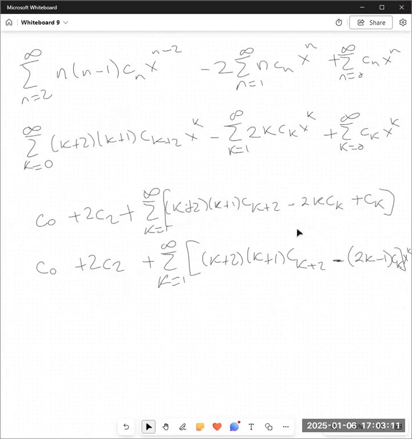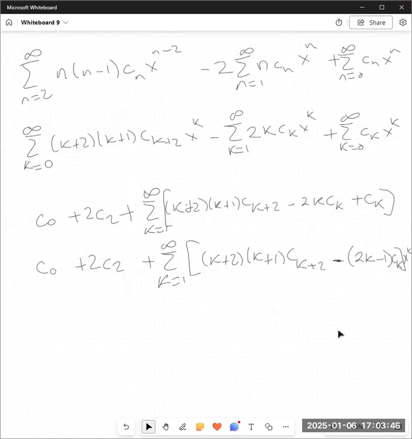We'll come back next time and start talking about 6.2, solutions about ordinary points. Very, very powerful way to solve differential equations, using what we did with Cauchy-Euler, usually where we let y equal x to the m, though we throw in the idea of a power series with it.